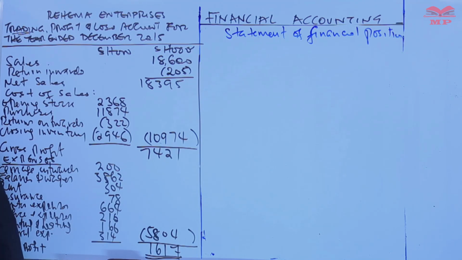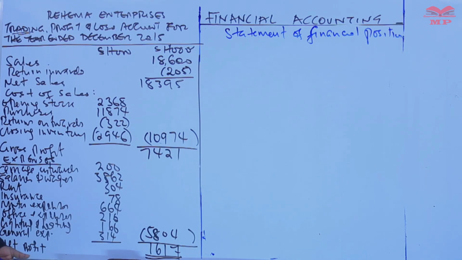So a balance sheet, as I said earlier on, presents a snapshot of the business's financial position at a specific point in time, and it shows the assets, liabilities, and owner's equity. So a balance sheet will just have three components: assets, liabilities, and equity.